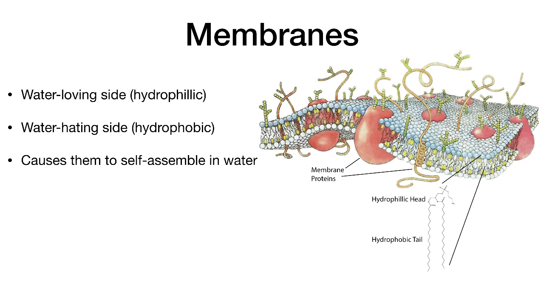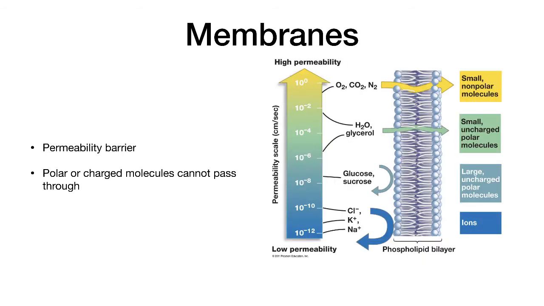Membranes are a permeability barrier, but this is not absolute. Gases, such as carbon dioxide, oxygen, and nitrogen gas, can pass through pretty easily and pretty quickly. Small uncharged molecules, such as water, also pass through pretty easily. However, sugars such as glucose and sucrose, or charged elements such as chlorine, potassium, and sodium, rarely cross a membrane.